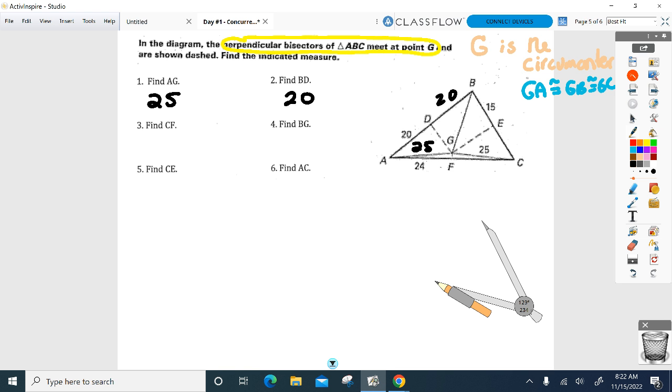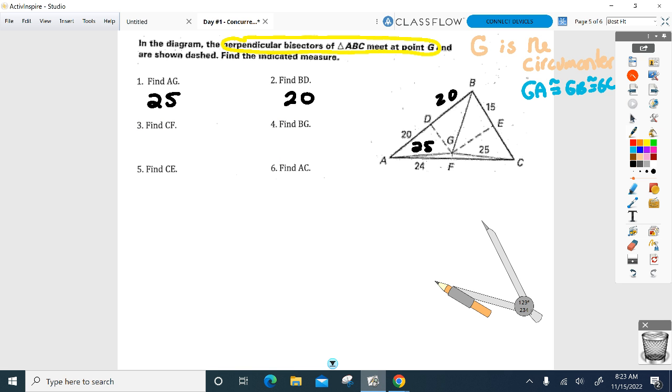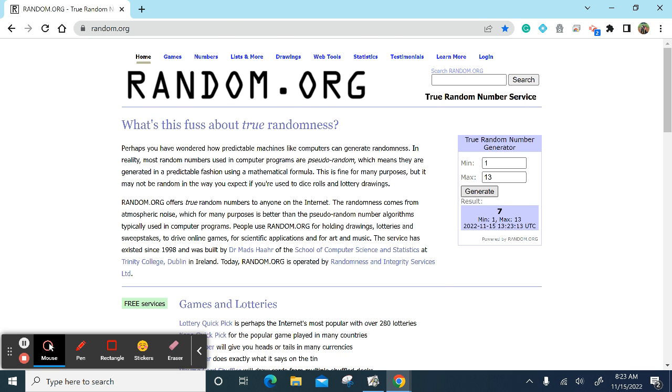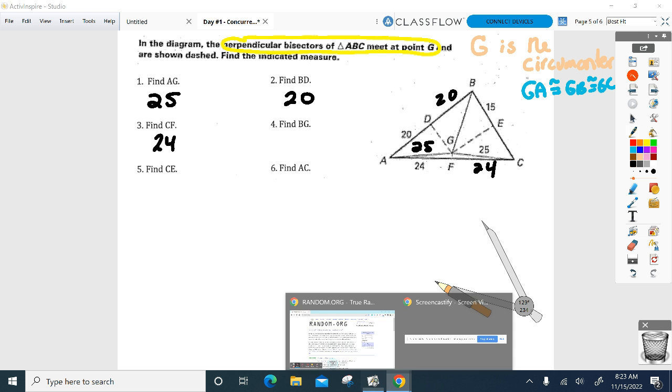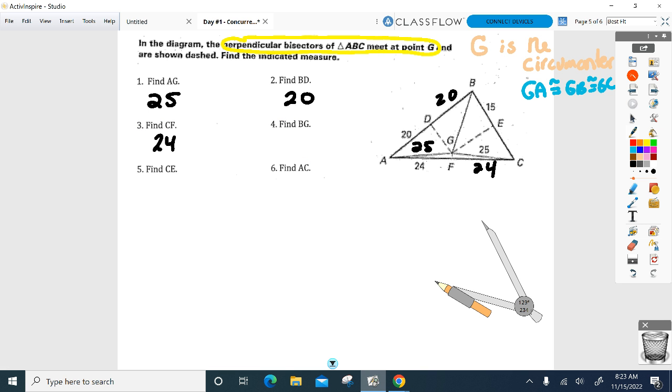How about CF now? Let's keep this train rolling. CF, 24. Again, perpendicular bisector, GF, that's 24. How about BG? 25, it's equidistant away.